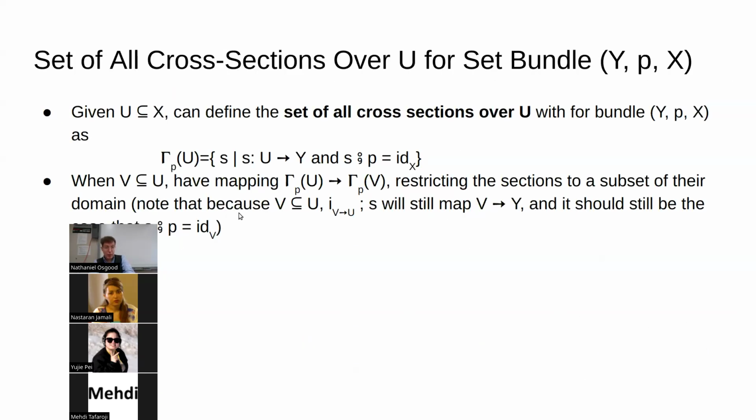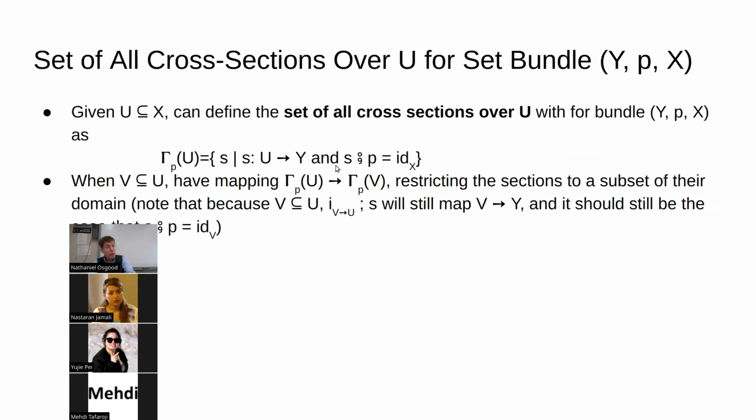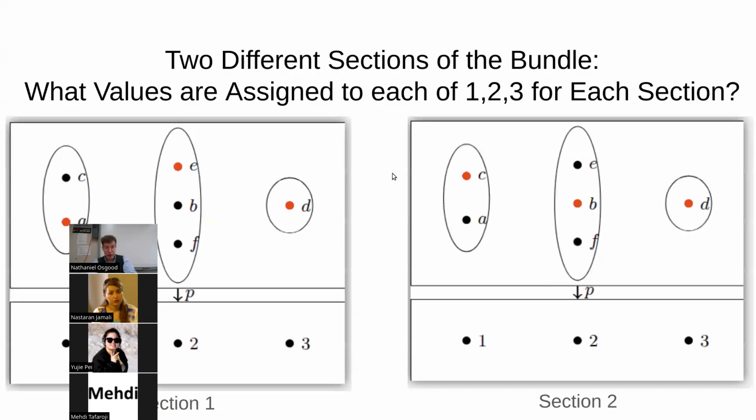For any of them, we can define the set of all cross sections over U for this bundle as the set of S's. So these functions going upwards, going from U to Y, that's to the upper space from the subset of the base space, like 1 and 2. We have an S mapping up such that this little property holds: you do S and then you do P, you get the identity on X, right?